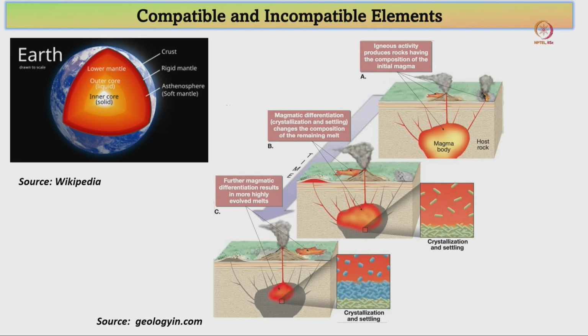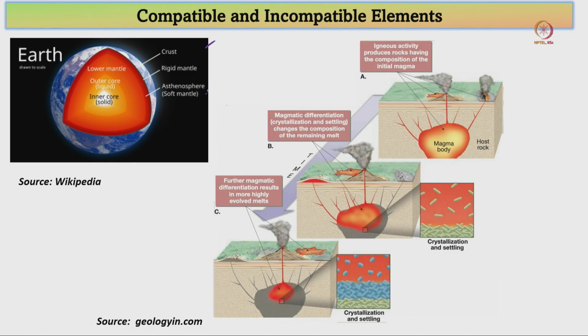Now, I know many of you are not directly from an earth science background, but I hope you know the structure of the earth. This picture in our left top corner shows the earth's structure. The earth has the crust and then the mantle, and in between there is the asthenosphere, a soft mantle, which is the topmost mantle.